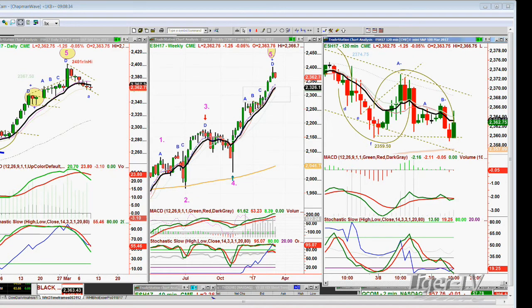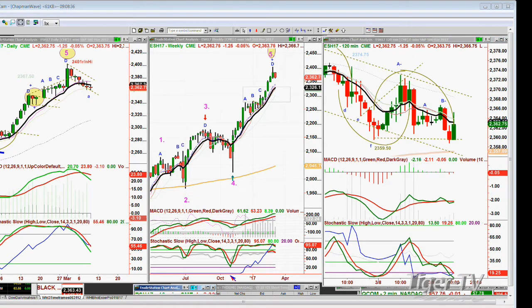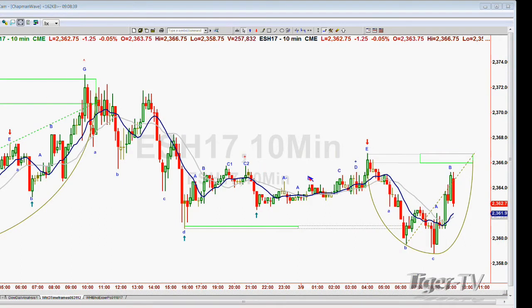If you go to the 10-minute chart, you will see a pattern with a cup formation that is what I call a Chapman wave inside wedge target resistance line. There's a left side, right side price time match, and that goes to the 4 o'clock time high of 2366.75 we were looking at before. It says if it's going to do that, it has to constantly move above this dashed line, and that could take you until 20 minutes past 10.